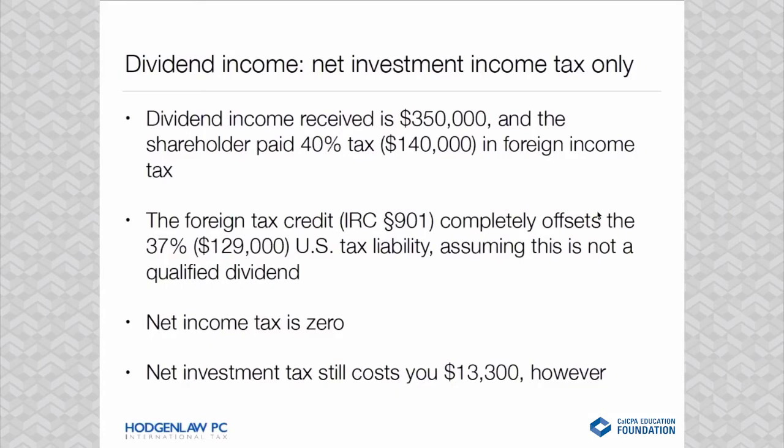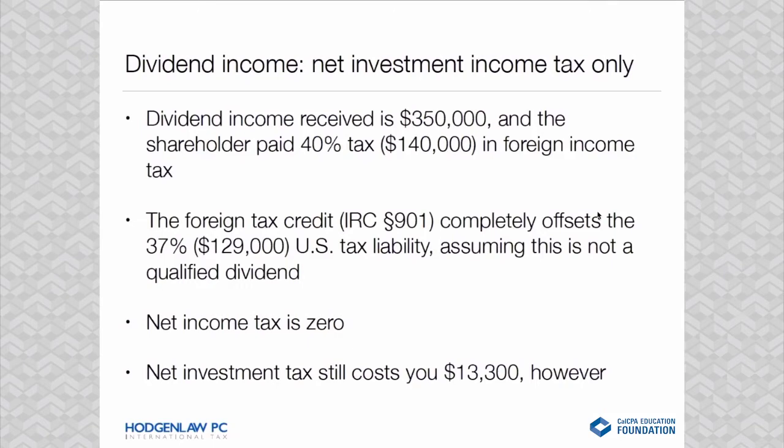But remember, I didn't make another little table, but I probably should here. Remember that the American abroad paid a metric ton of individual income tax on the dividend income received at 40%. And here, dividend received, and I'm assuming it's ordinary income, not a qualified dividend, is the $129,500.